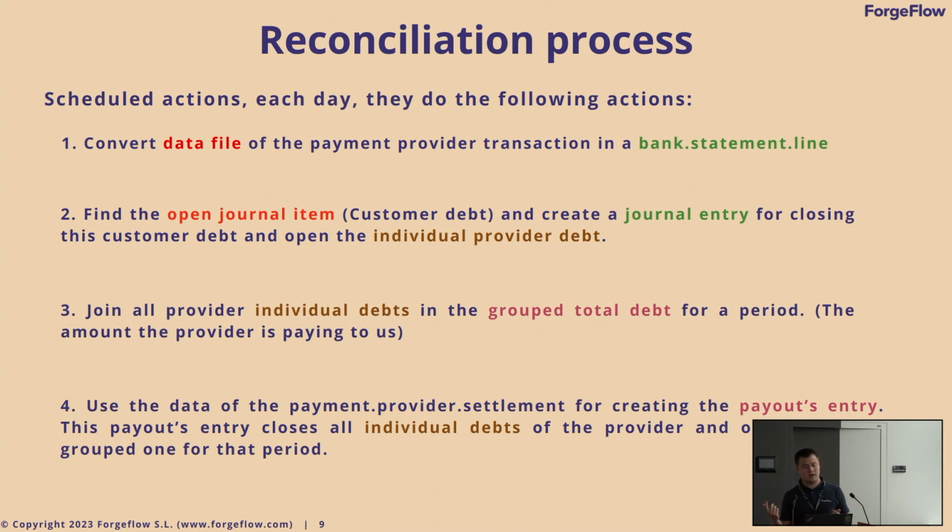Then, with the information from the payout, you look for these individual payment provider transaction debts, and you group them in one in order to generate the payout entry and reconcile against all of them.